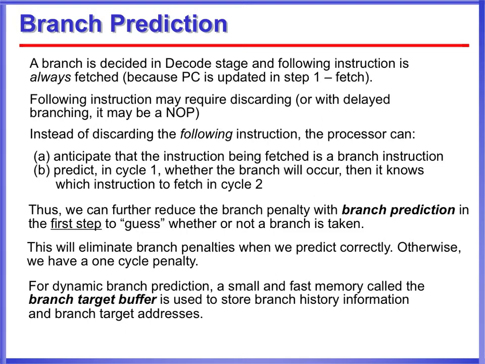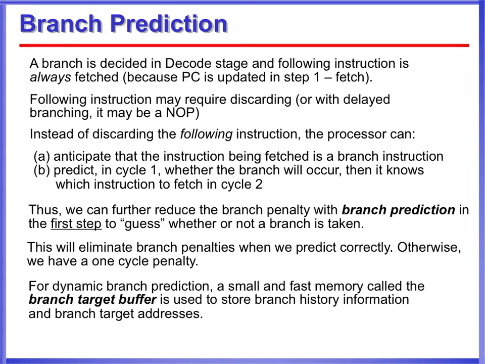So computer engineers have said, okay, is there anything else we can do? And they said, well, when do we actually make a decision on what the next instruction to be fetched is? It's actually in step one, right?